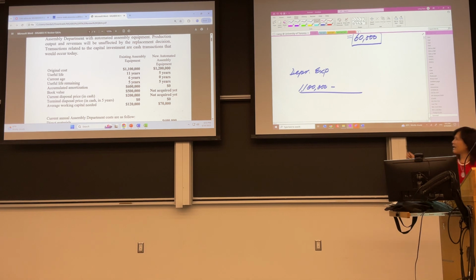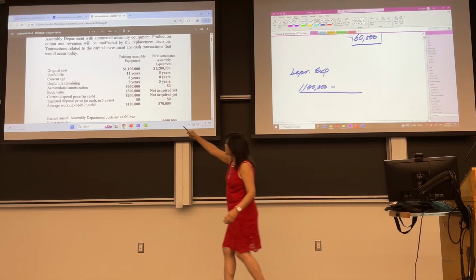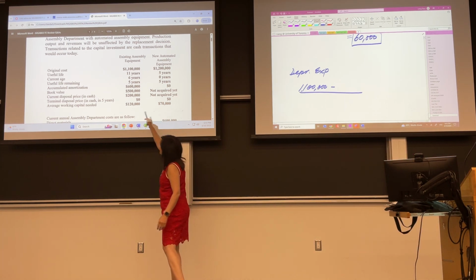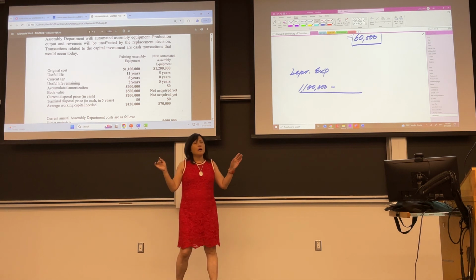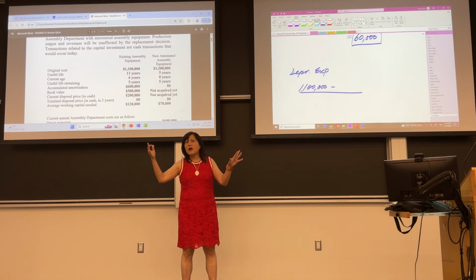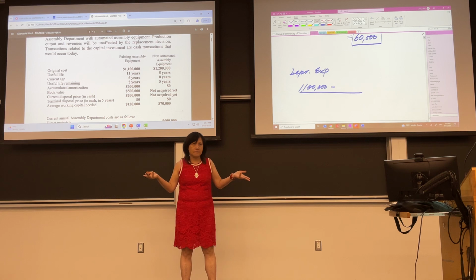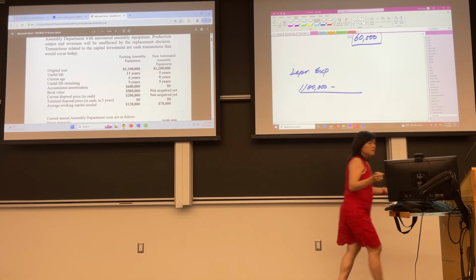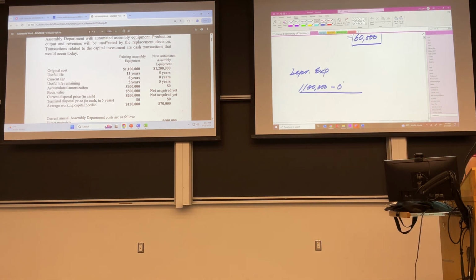What's the residual value? They tell you terminal value, disposal price in 5 years, 0. So both machines are not better off, not worse off, the same. No incremental. So minus 0, over 11 years. Each year, $100,000 depreciation expense. This is not important if we're calculating net present value.